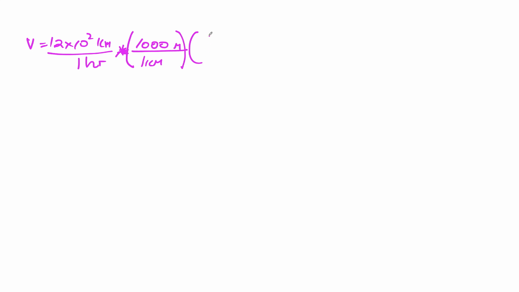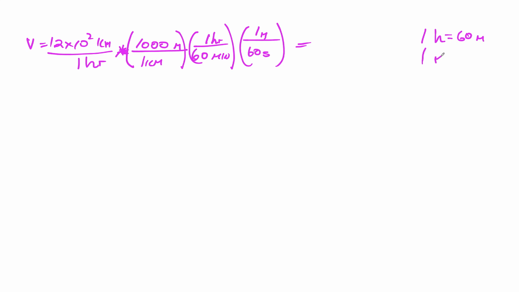Then I'm going to take 1 hour divided by 60 minutes, and then 1 minute is equal to 60 seconds. For every 1 hour, you've got 60 minutes. For 1 minute, you've got 60 seconds.